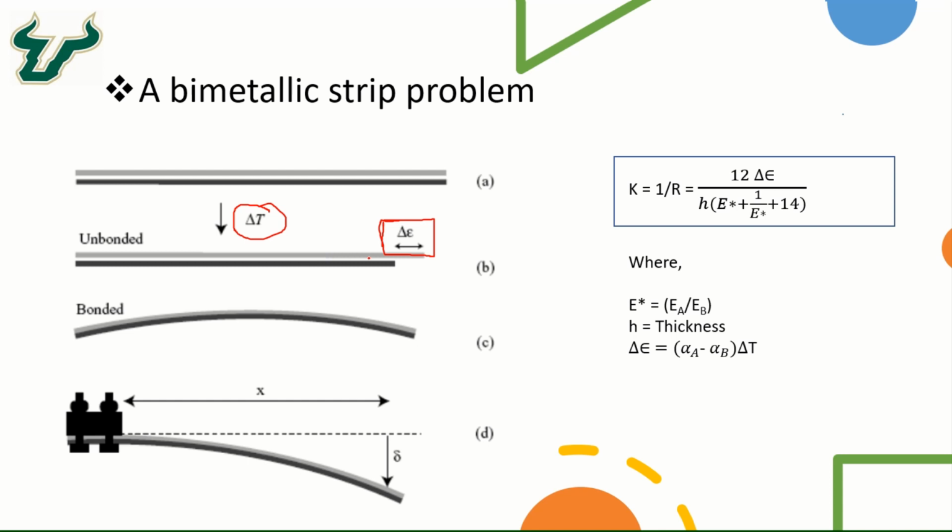So one metal is going to expand more than the other if its coefficient of thermal expansion is higher. This is when they are unbonded.